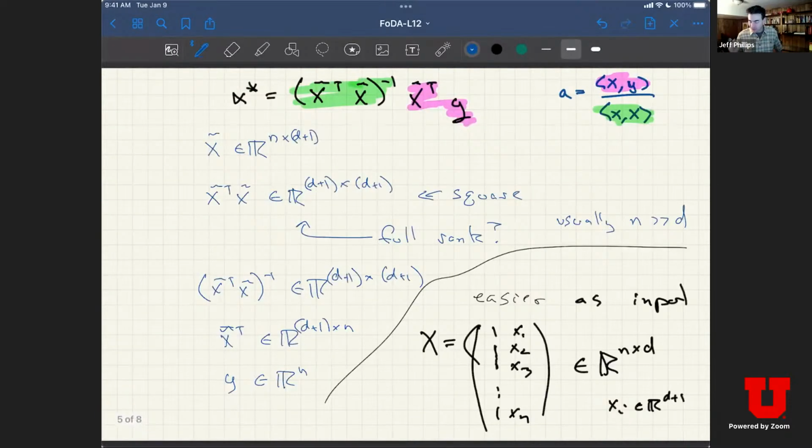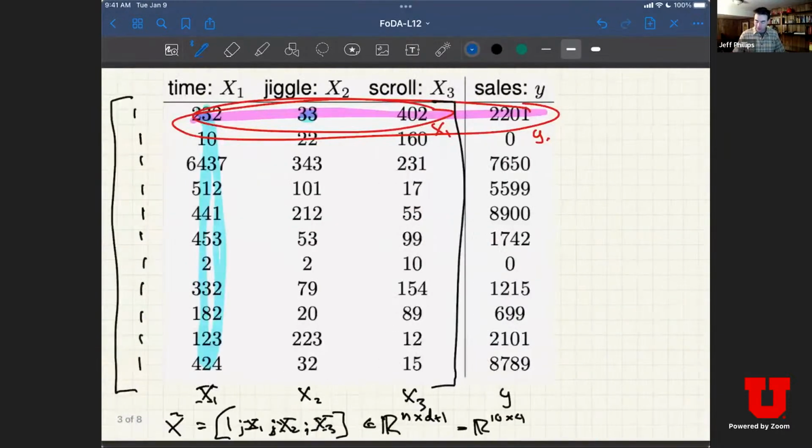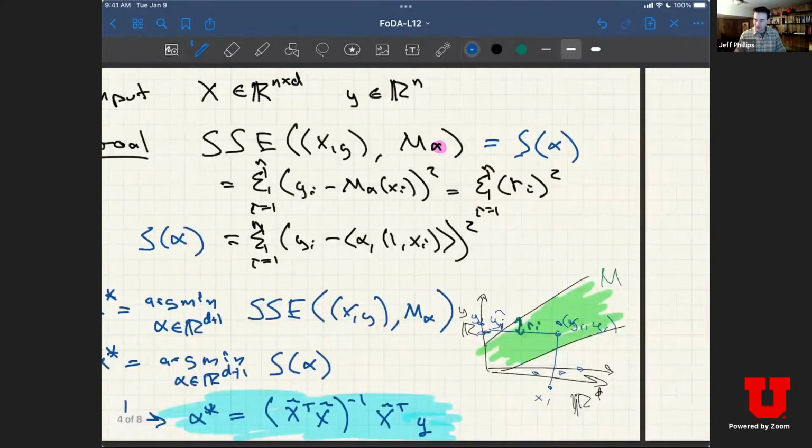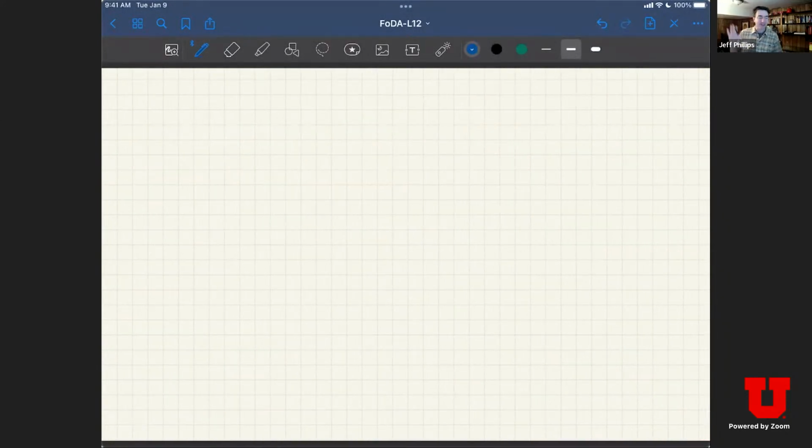If we want to ask you explicitly that you need to add the ones in front in order to get the offset, you need to add these ones to get the x tilde, then we will be very, very clear about that. But sometimes it's just a pain to write these things, and so that's why we drop it.